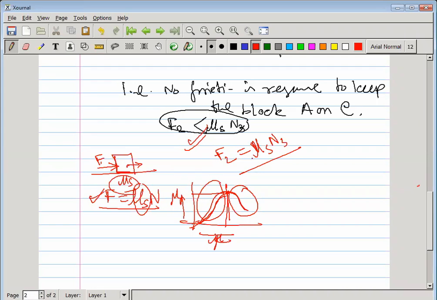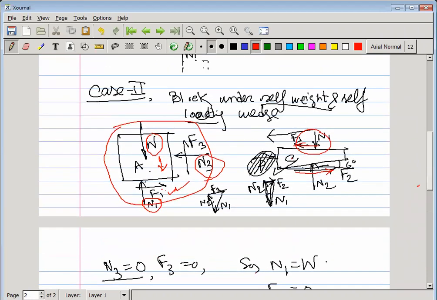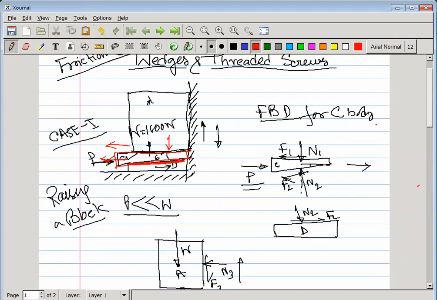So to move the body C, we have to maintain this condition only, that is, F2 should be less than mu s into N3. Okay, this is your free body diagram.